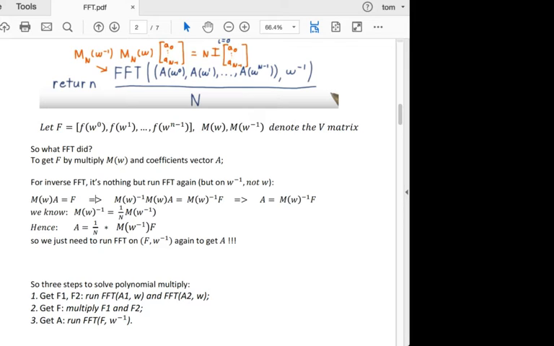Transform the A to the right side like that. Here's the proof, and I think it's very clear. We can simply multiply by the inverse of M on both sides. Here we go.